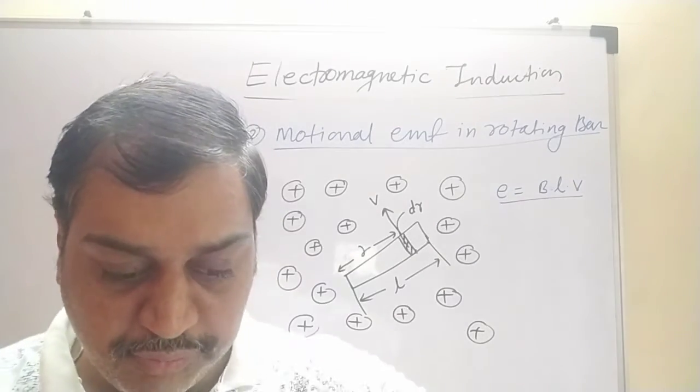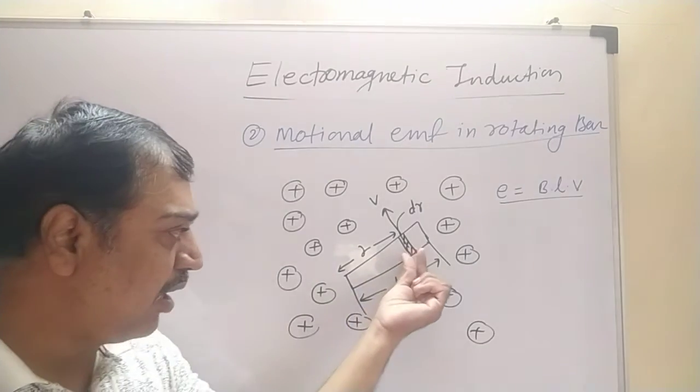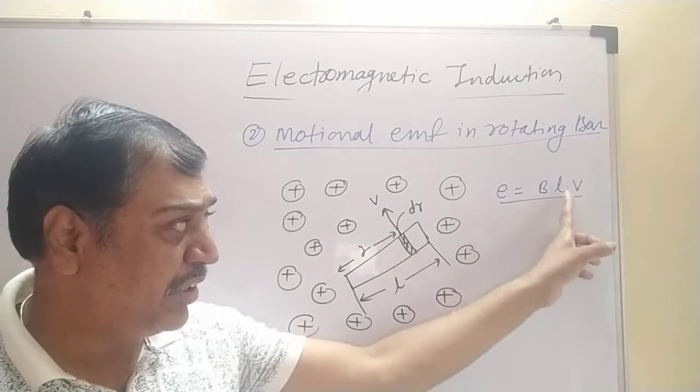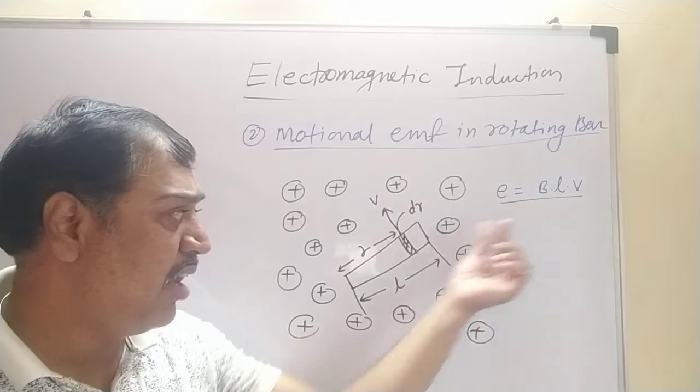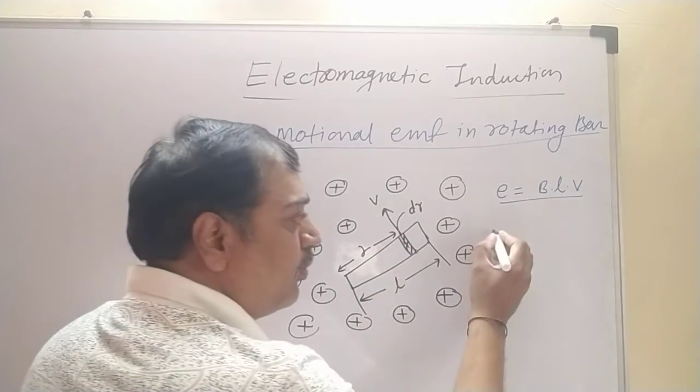Here, for the small element of length dr, instead of L you should take dr, and instead of the EMF induced E, the EMF induced is dE.